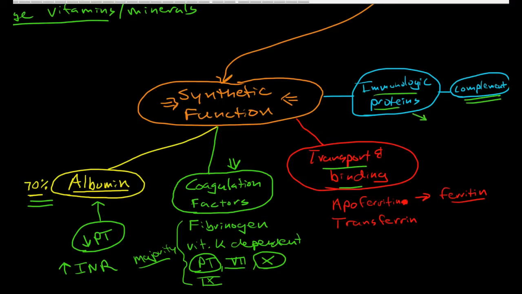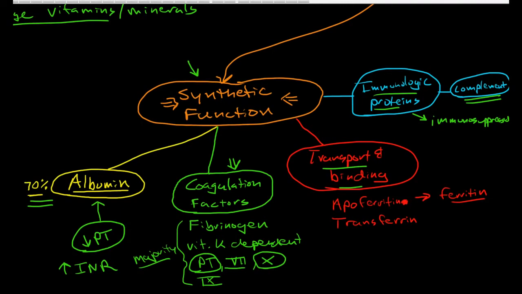So they're going to be essentially immunosuppressed, right? So keep that in mind, that we don't measure PT in patients with hepatic failure just because we're concerned about their bleeding. We are looking at it as a marker for all of the synthetic function of the liver.